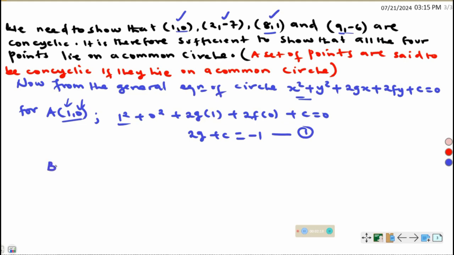Similarly, let us look at another point, (2, negative 7).